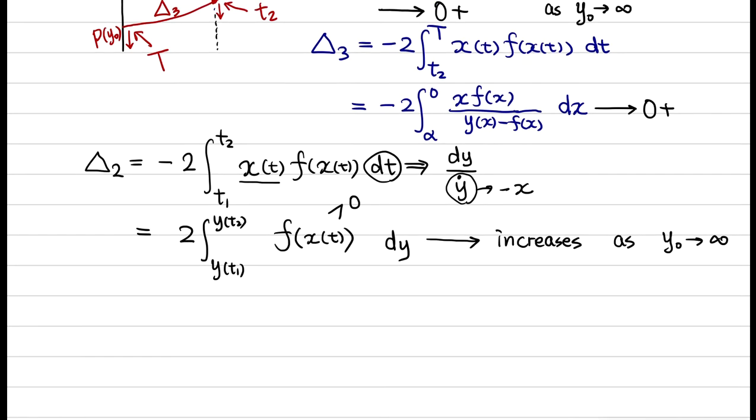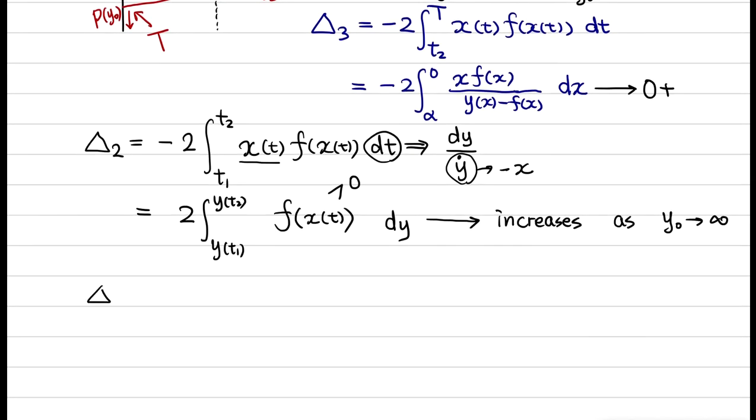And combining these three results, delta 1 plus delta 2 plus delta 3, which was the total difference of the value of w, will only increase, since all the values... oh no, here I made a mistake at the delta.